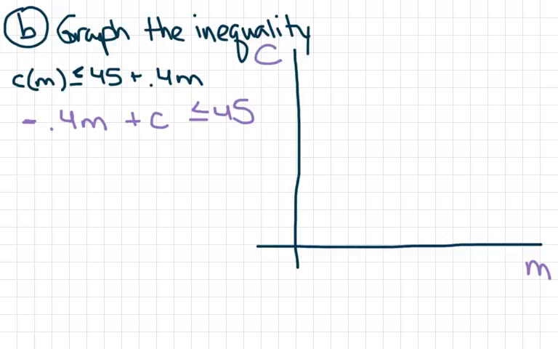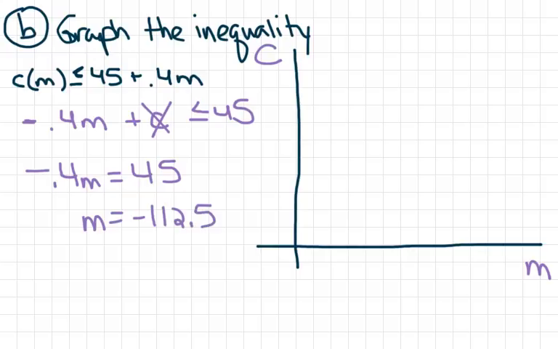If you want to know where this line hits the m-axis, you replace c with 0, and then solve that equation. Don't worry that it was an inequality a minute ago. We're going to just pretend like it's not. So 45 divided by negative 0.4 gives, oh no, I don't like that at all. I don't want to be graphing anything there.